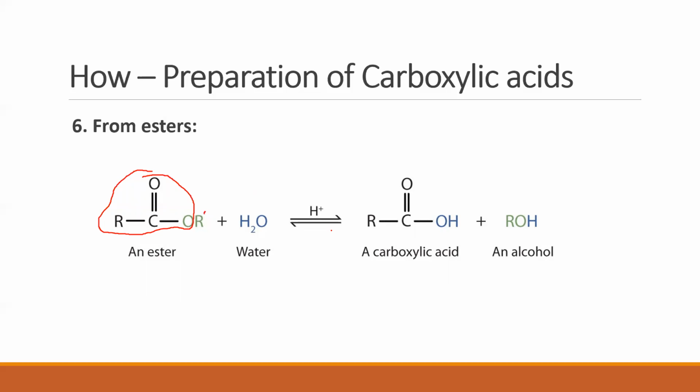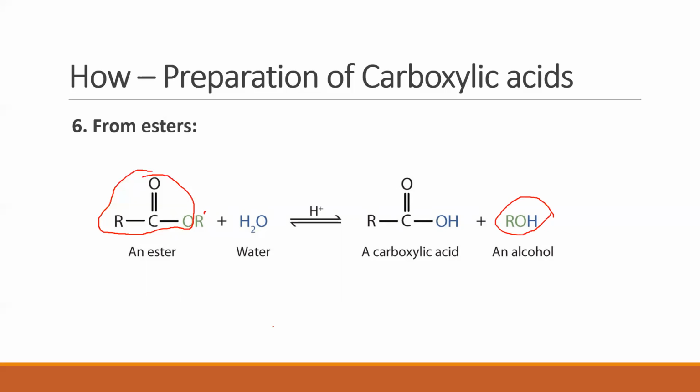Now, when you closely observe the products here, do you observe this oxygen which is colored in gray being in the carboxylic acid or with the other R group? Observe. Yes, the oxygen which is colored gray goes out with this R group to form the alcohol.